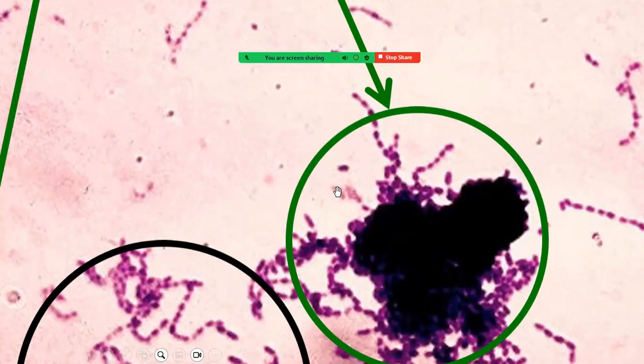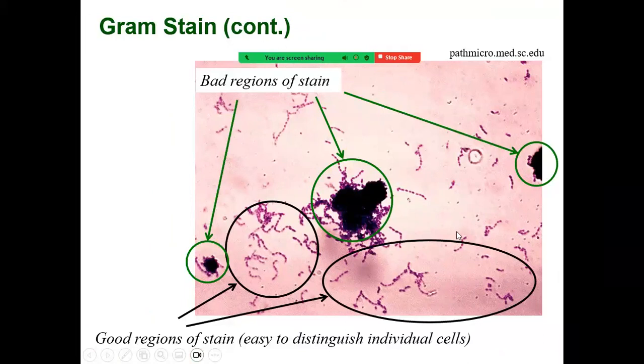And what you do is you determine the color away from these crystal violet crystals, because they can color the cells nearby. Any question about any of that? So make your determination of the gram stain in the good regions of the cell slide.